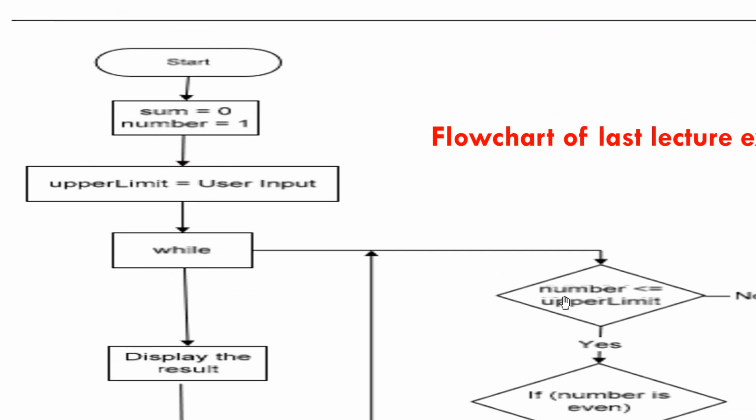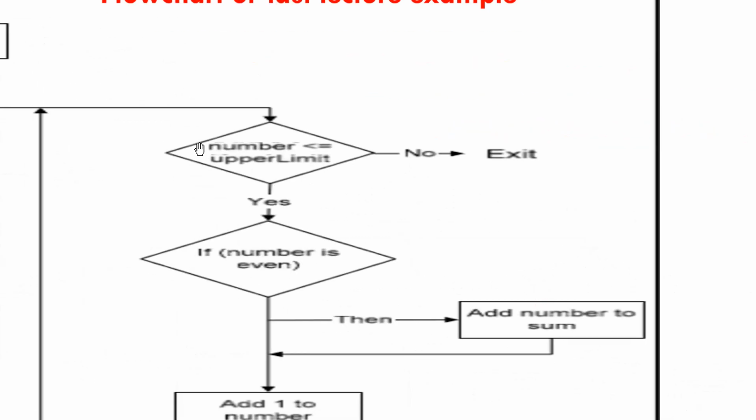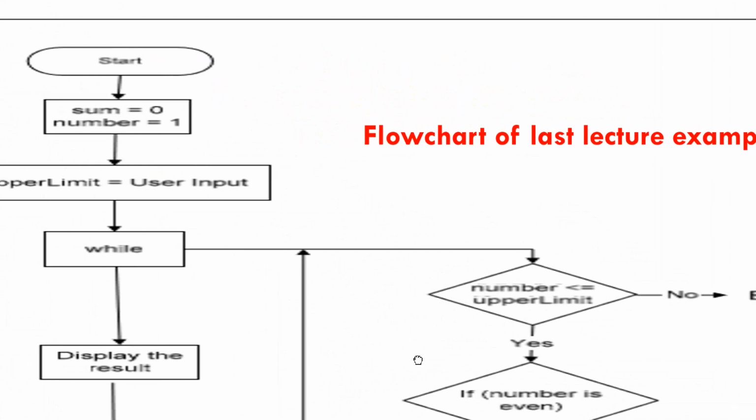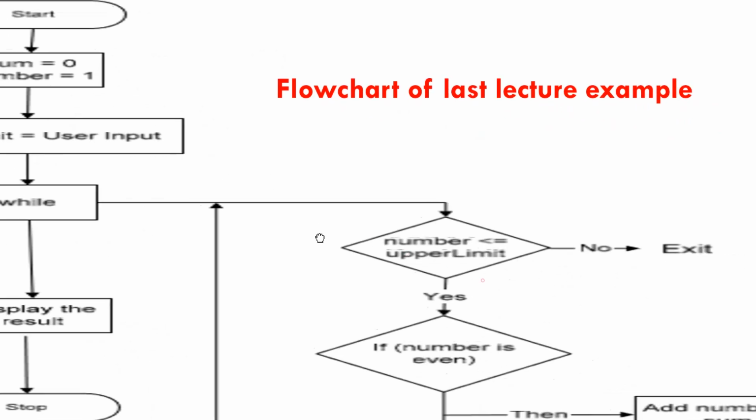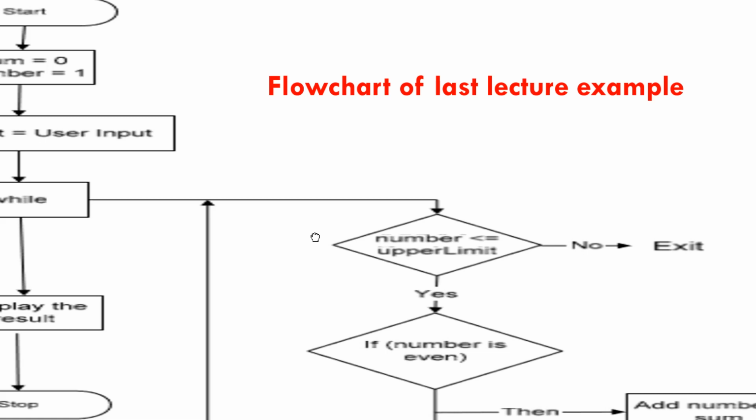If that happens in the first iteration, nothing will happen in the while loop, so the result will be 0, the sum will be 0. This is just an extra detail about what we talked about earlier regarding the while loop: it is possible that a while loop may not execute even once, it may execute 0 times. So this is important.